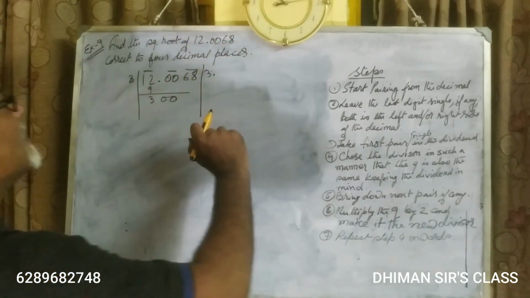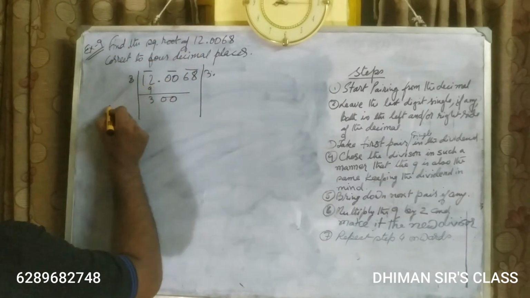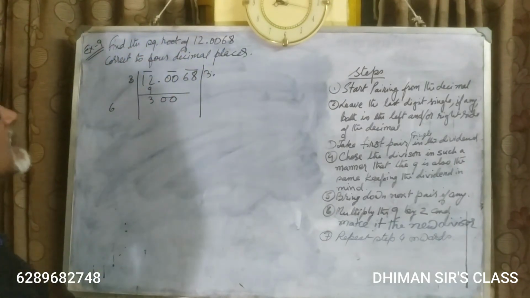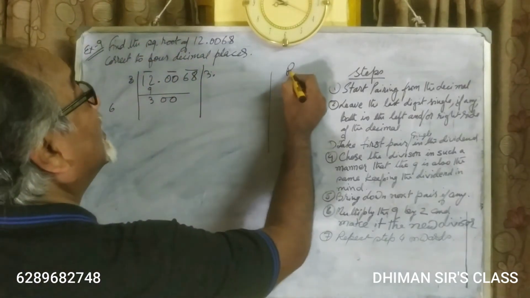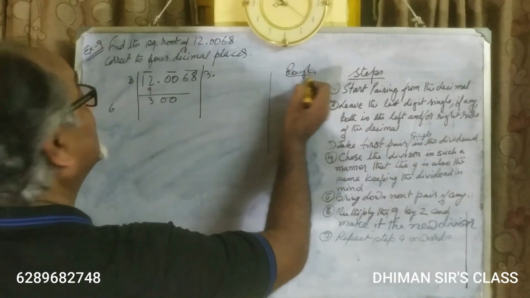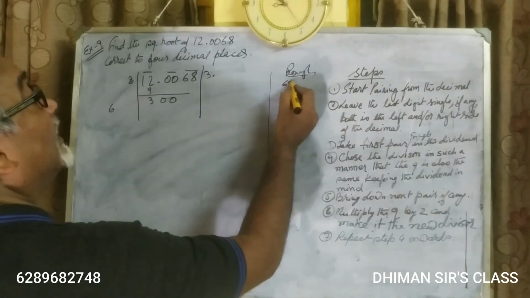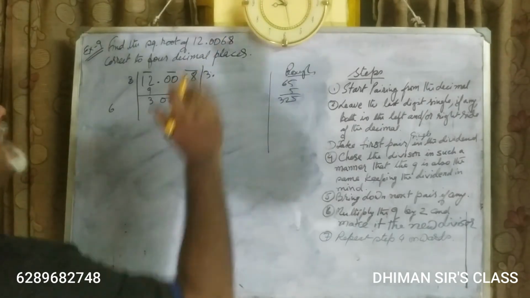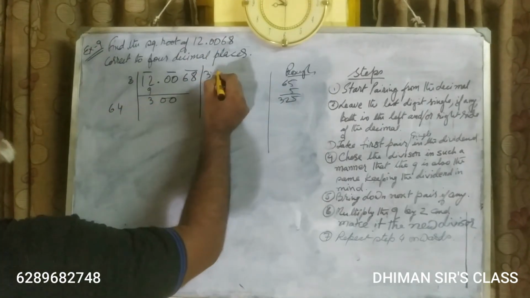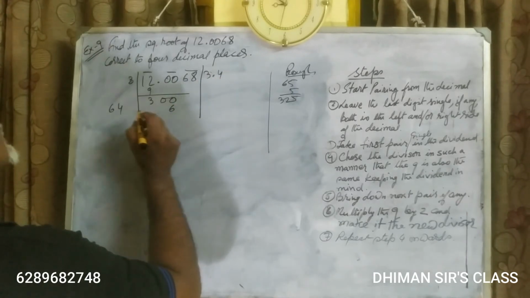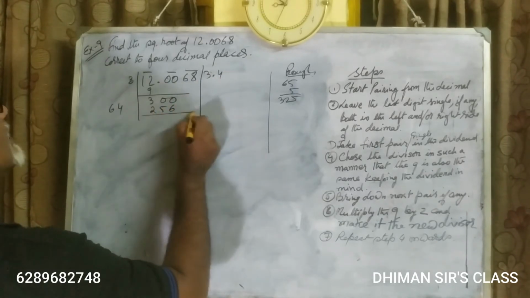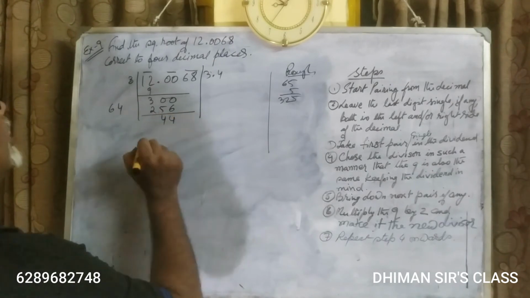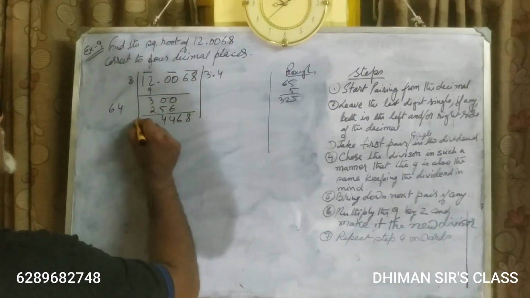Now forget about this decimal, 2 3 is 6. Chalo, rough. 65, 5 5s are 25, carry to 5 6 are 30, 32, becoming more. So 64, 4s are 4, 4 are 16, 4 are 22, 256, 4 6 4 6 8.